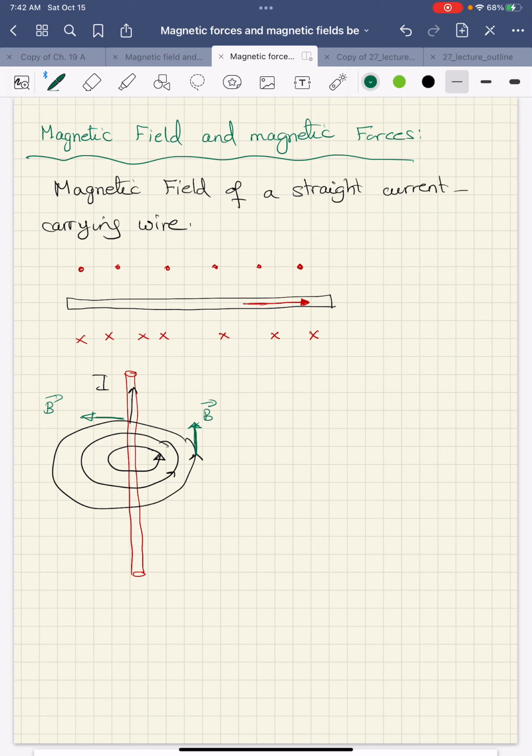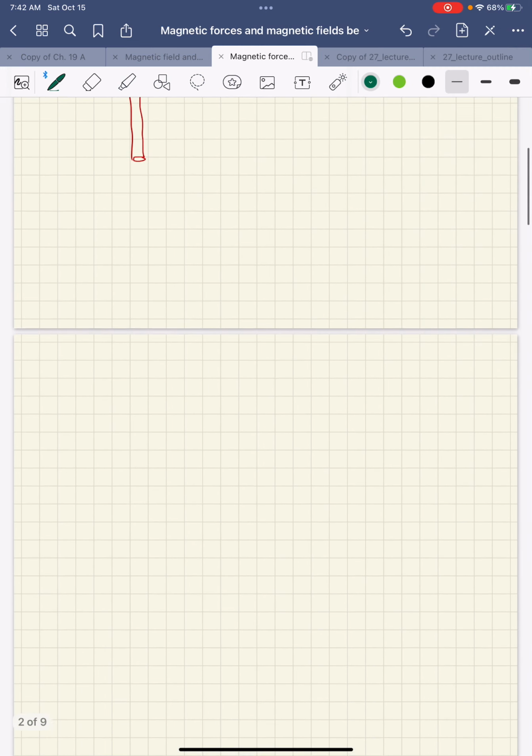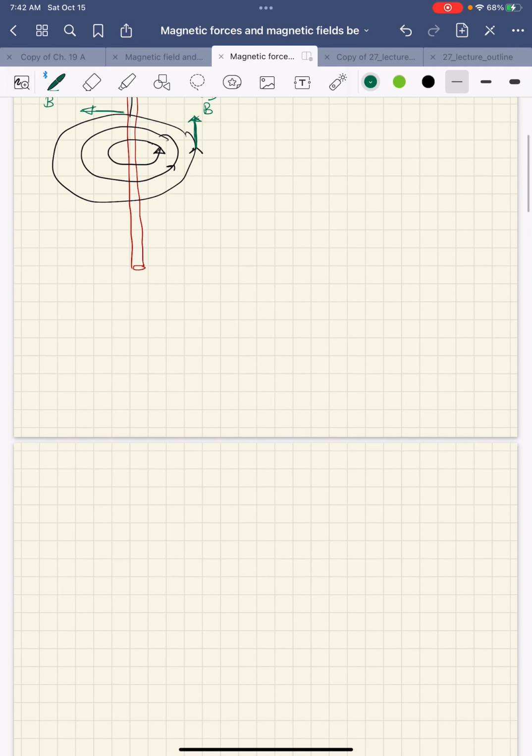And here, since we have a wire, we will be able to talk about the magnetic force on a current carrying conductor.